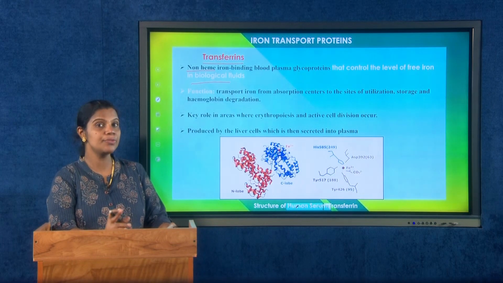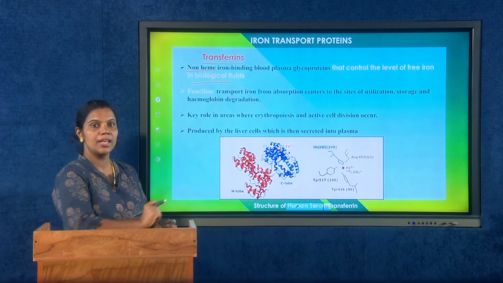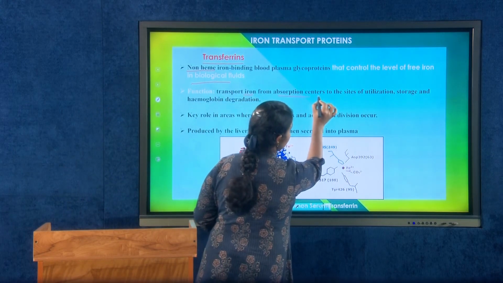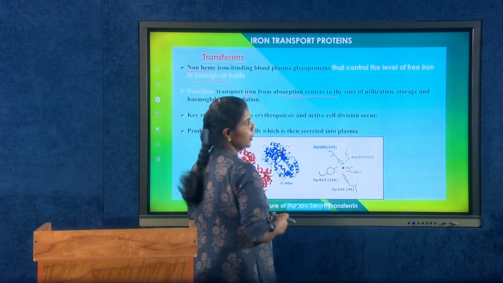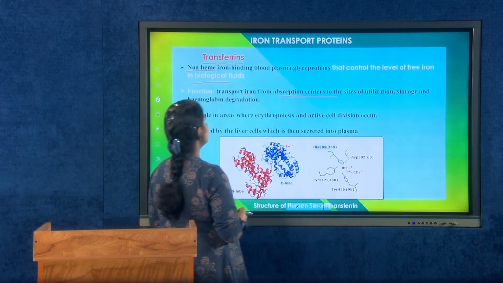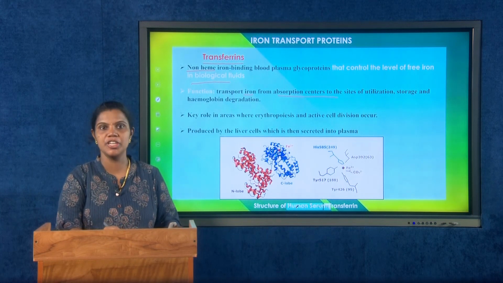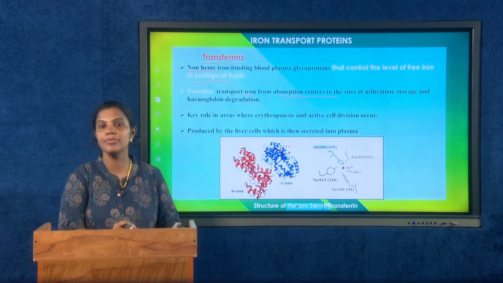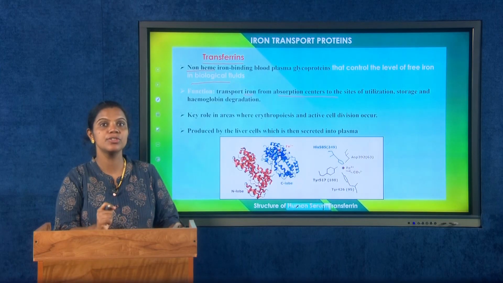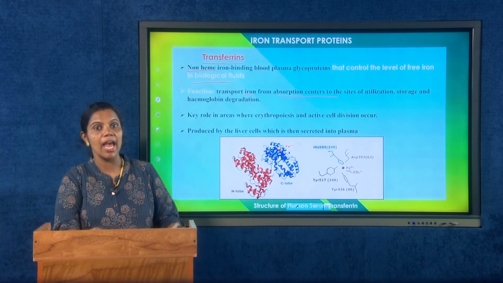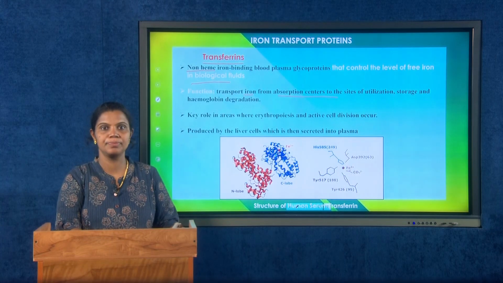What is the function of transferrin? It transports iron from absorption centers to the sites of utilization, storage and hemoglobin degradation.